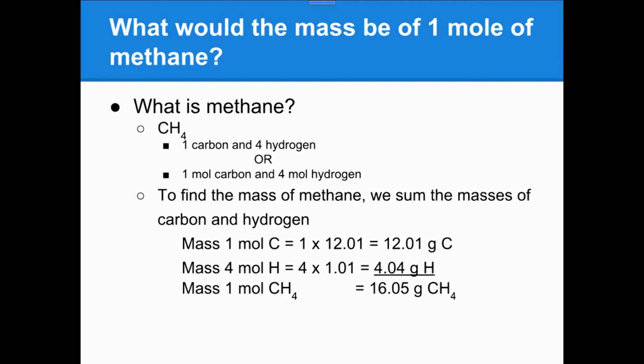So if you were asked the mass of 1 mole of methane, this is how you do it. This is called the molar mass. It's just simply taking each individual element out of the compound itself and then adding each individual and then going back and adding the total. And that's really honestly all it is.